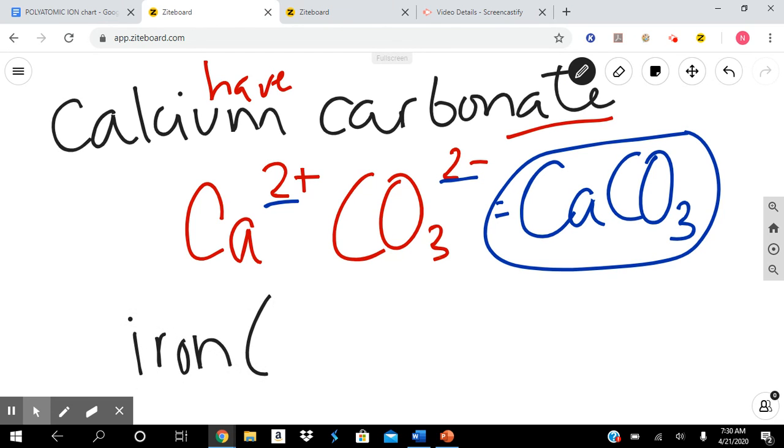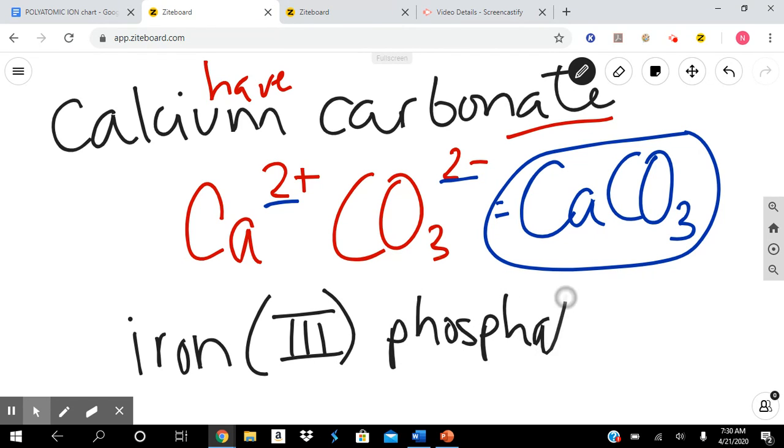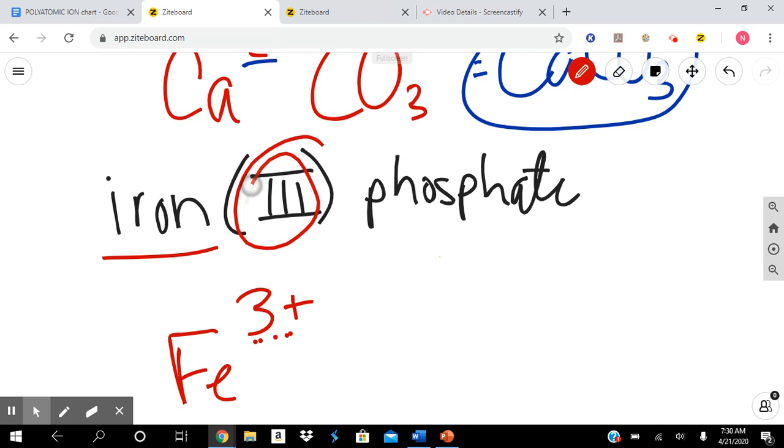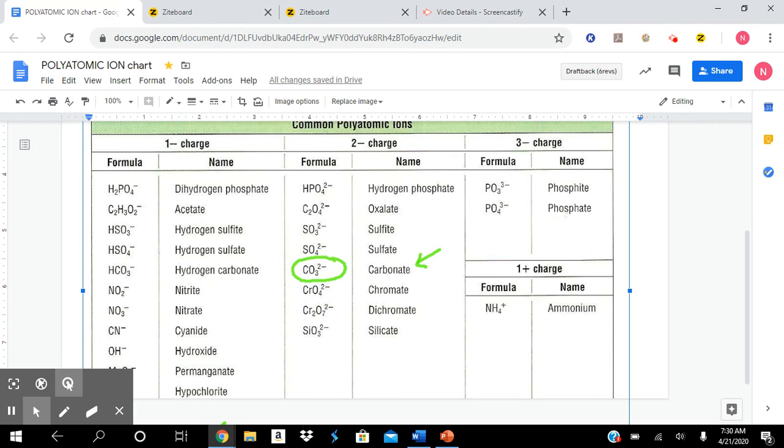All right, so this is iron 3 phosphate. Some of you expressed in this one doc that you didn't know where the numbers were coming from for these. So iron has a charge of 3 plus. Where did I get this 3? Well, I got it from this Roman numeral right here. And this is phosphate. All right, so we have an ate ending.